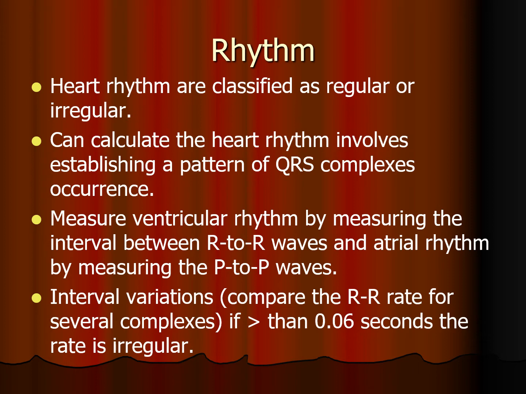If you have something other than normal sinus rhythm or sinus tach, the P to P and the R to R might be different. And when we go over heart blocks this semester, you'll see what I'm talking about. All right. If there's a variation greater than 0.06 seconds, the rate is irregular. All right, so we're going to be measuring the R to Rs. And a slight difference is okay, but they should be pretty darn regular to be considered regular.